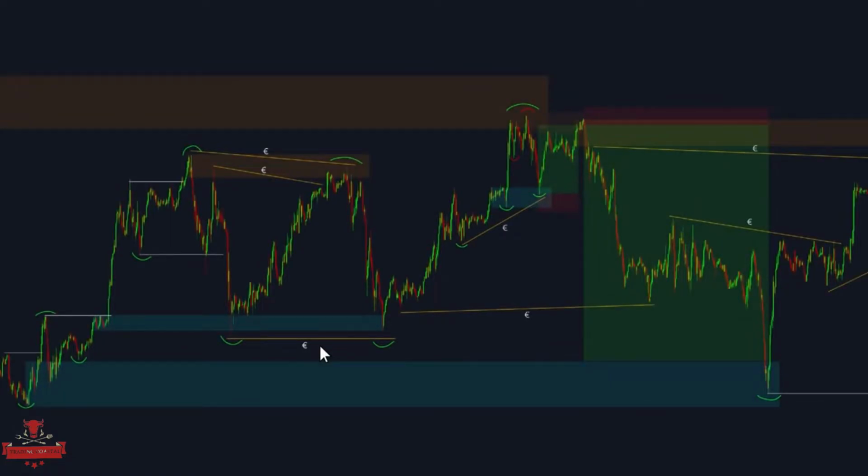We see really nice reactions from there for potential higher time frame continuations or even reversals. Also the 15-minute, as we see 15-minute mitigations of supply and demand zones quite a lot during the day.